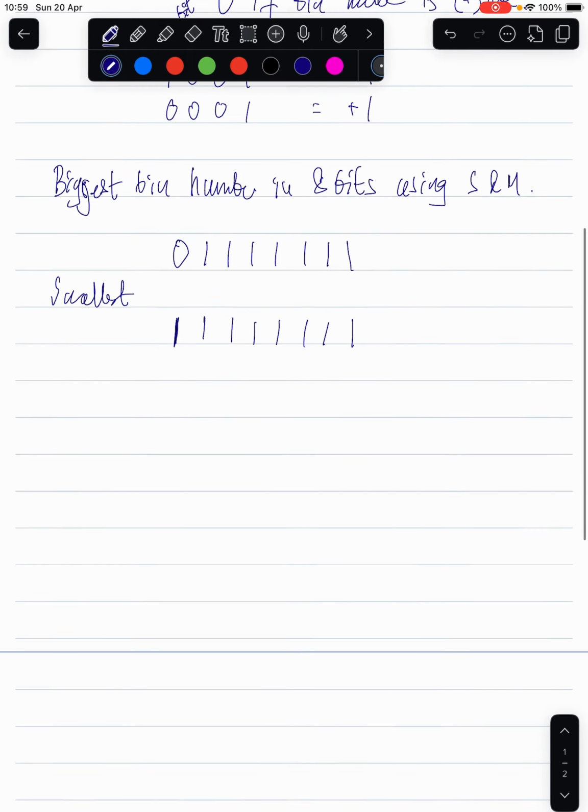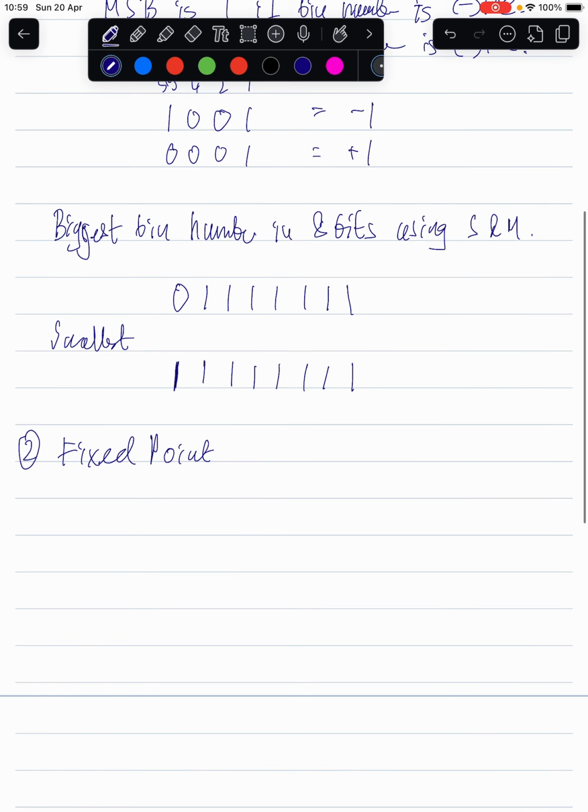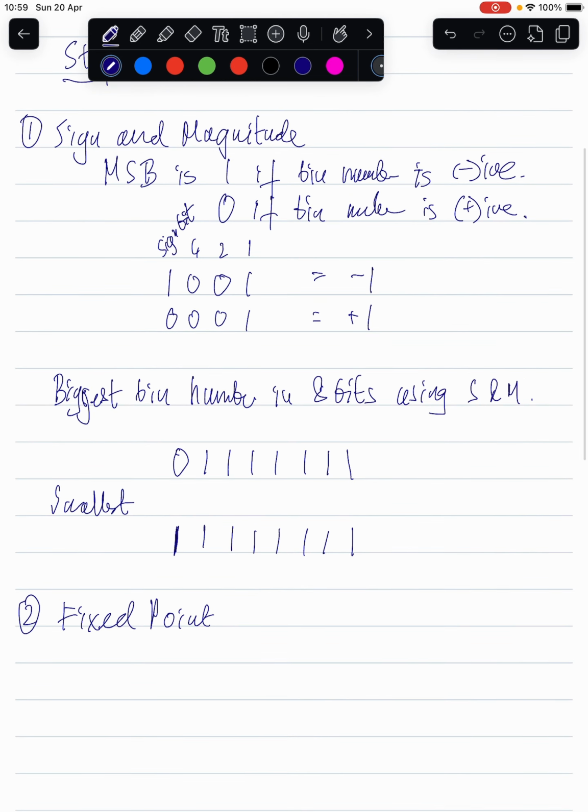Now, while I remember, one of the advantages of sign and magnitude is that it's very simple to implement on the processor. And the disadvantage is it can't store a great range of numbers.